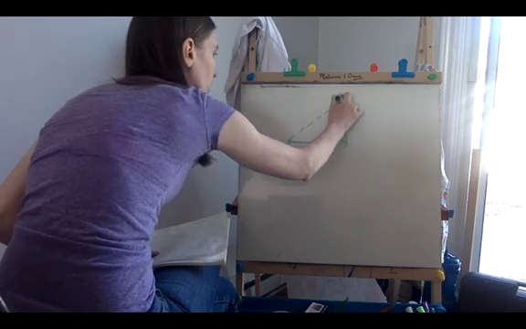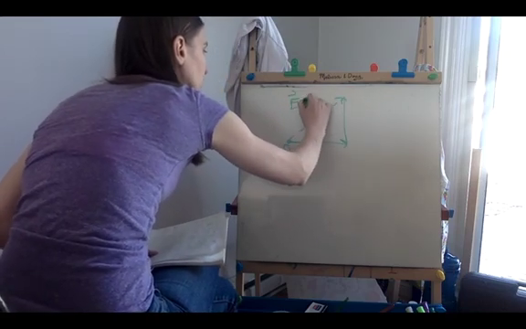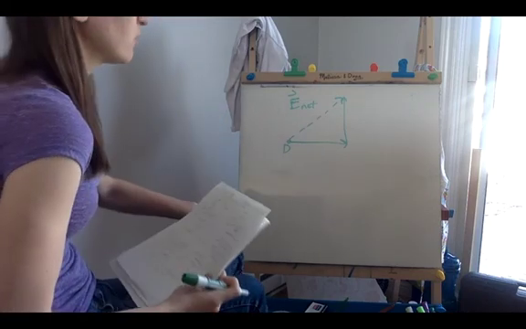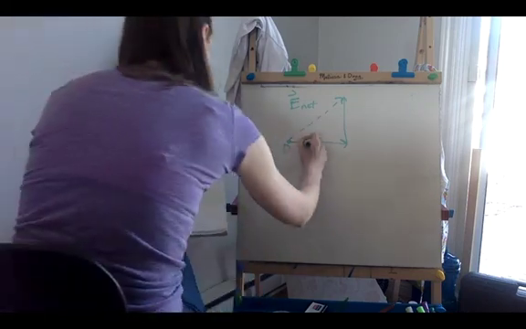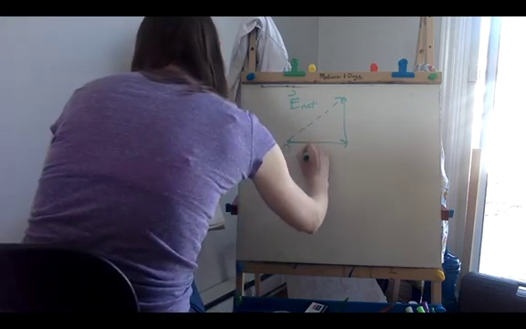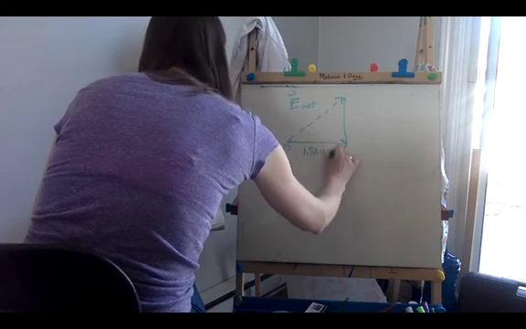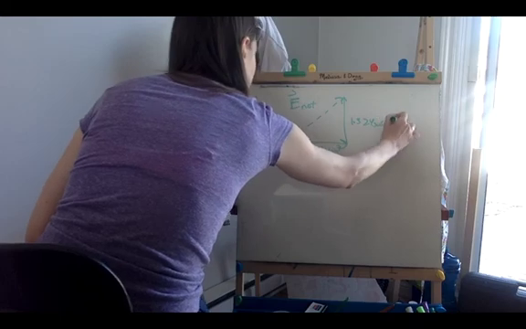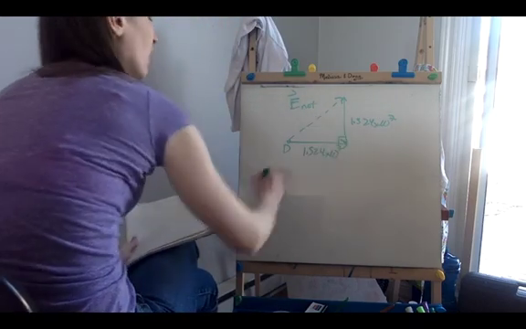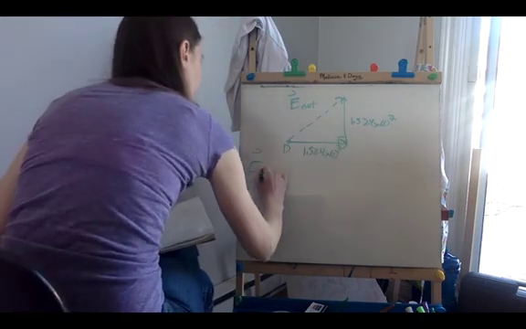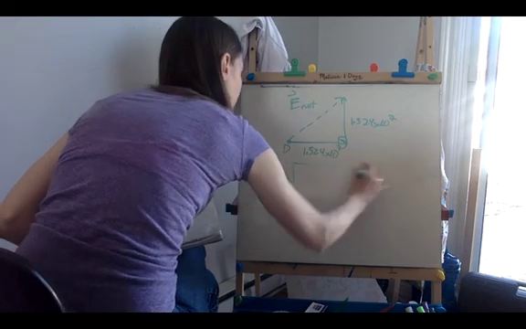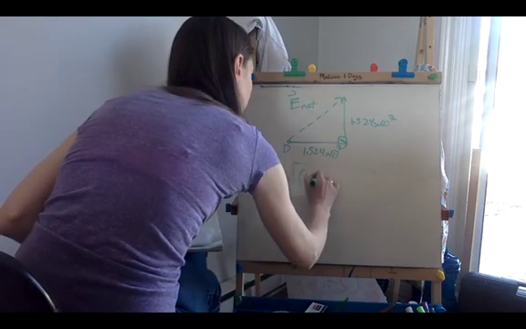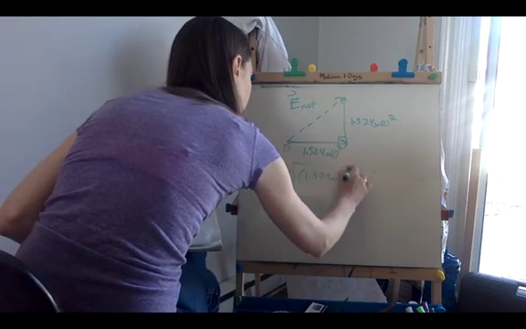This is our net field intensity, okay? Both of these values are 1.524 times 10 to the 7. So this is just now Pythagorean theorem, right? 1.524 times 10 to the 7 squared.